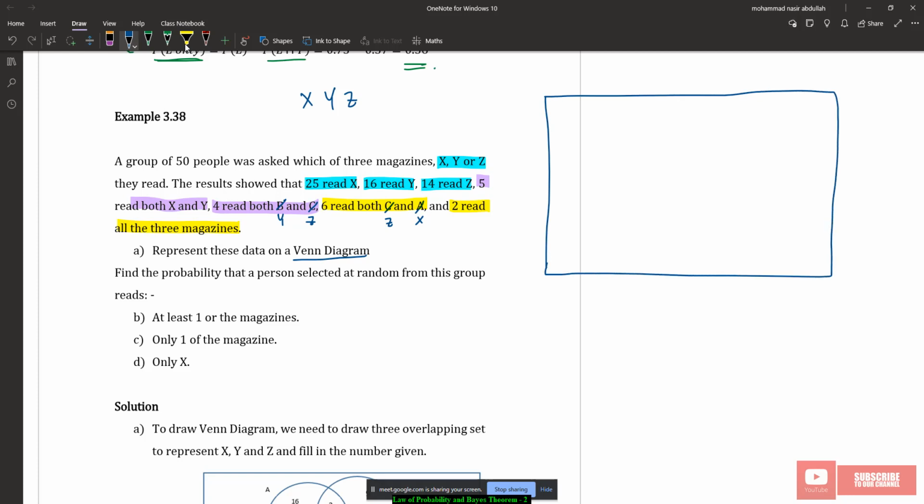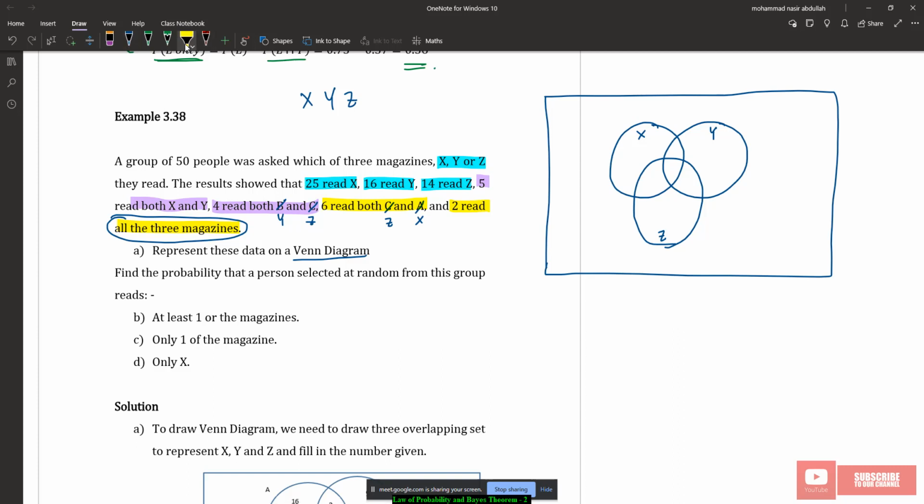So we know that there is an intersection of 3 magazines, right? So dekat sini ada satu lagi. So this is X, this is Y, and this is Z. This area will represent the intersection of all 3 magazines, right?